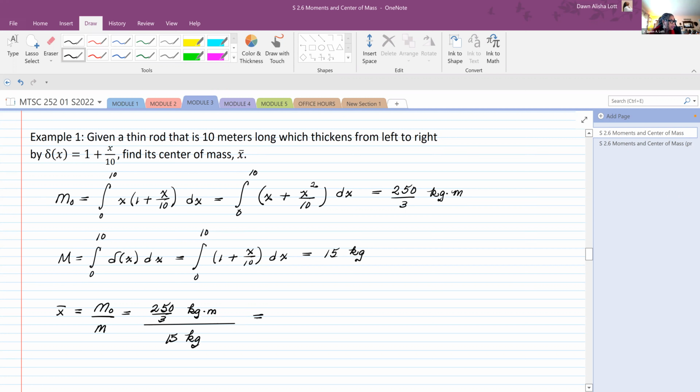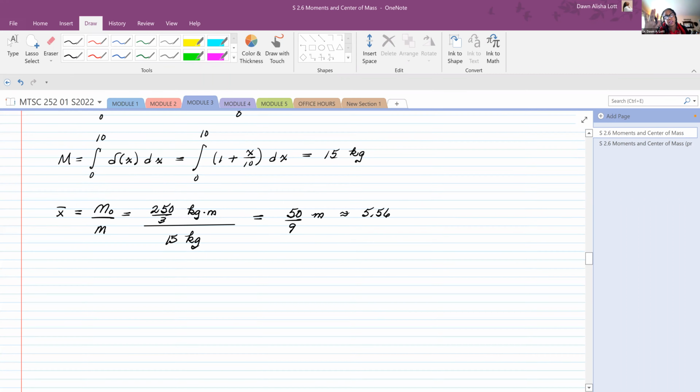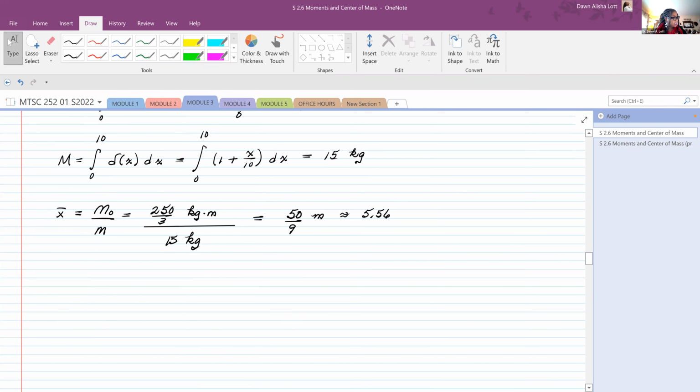And so this turns out to be 50 over 9 meters, which is approximately 5.56. So somewhere down the line of this rod, approximately, is its center of mass, taking into account how its thickness grows. It is close to the center, but not exactly at the center.